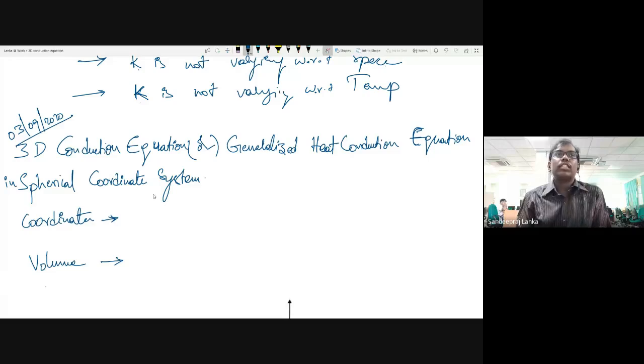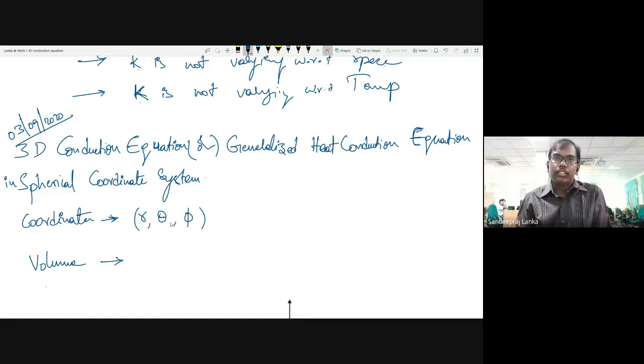So here, since this is a spherical coordinate system, you will have radius, obviously. Any sphere you can consider, it can be like a ball or anything like that, which is in spherical shape. r you take, and then there will be a theta, and then there will be one more angle, that is phi. There will be two angles in your spherical coordinate system.